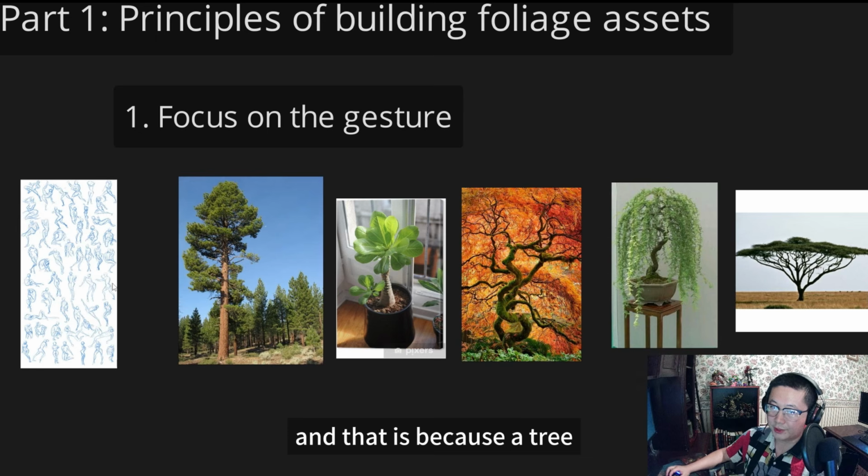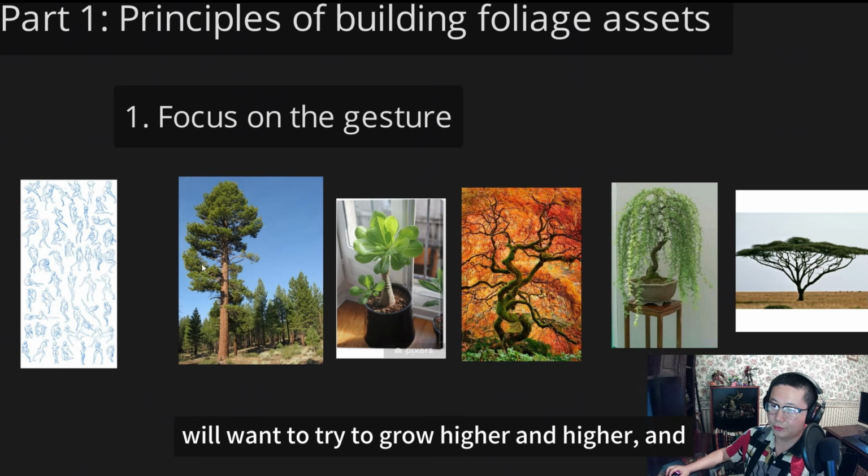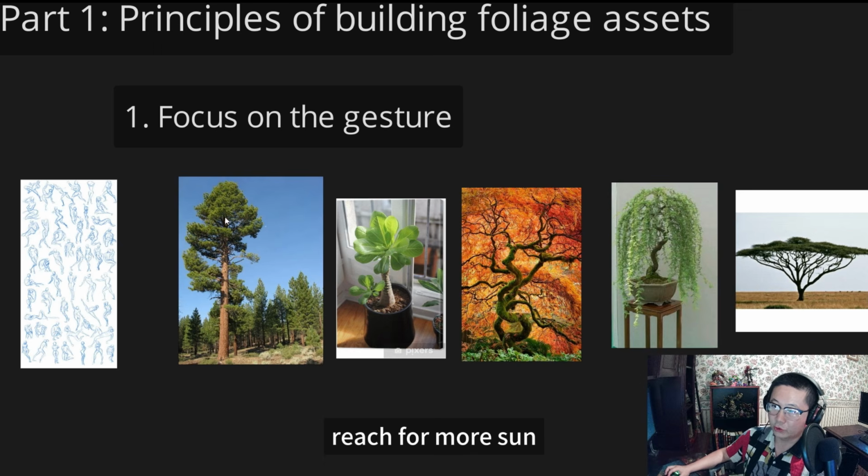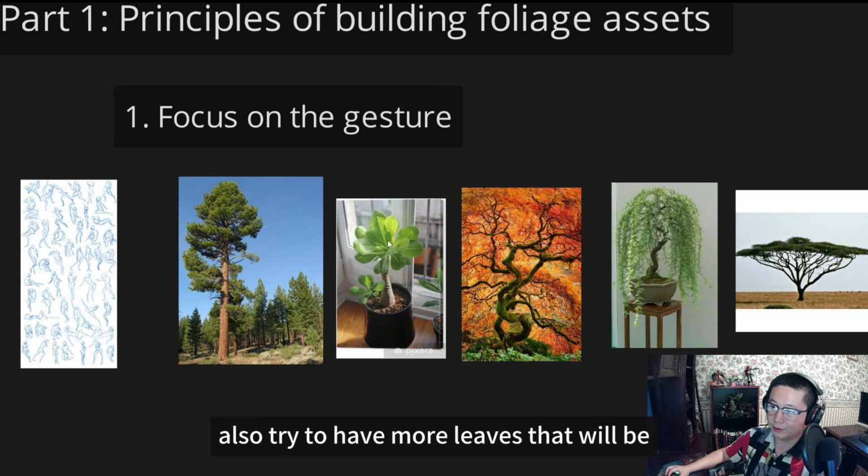And that is because a tree will want to try to grow higher and higher and reach for more sun so that it will survive. And in some cases, it will try to radiate to all different directions, also try to have more leaves that will be getting the sun, right?